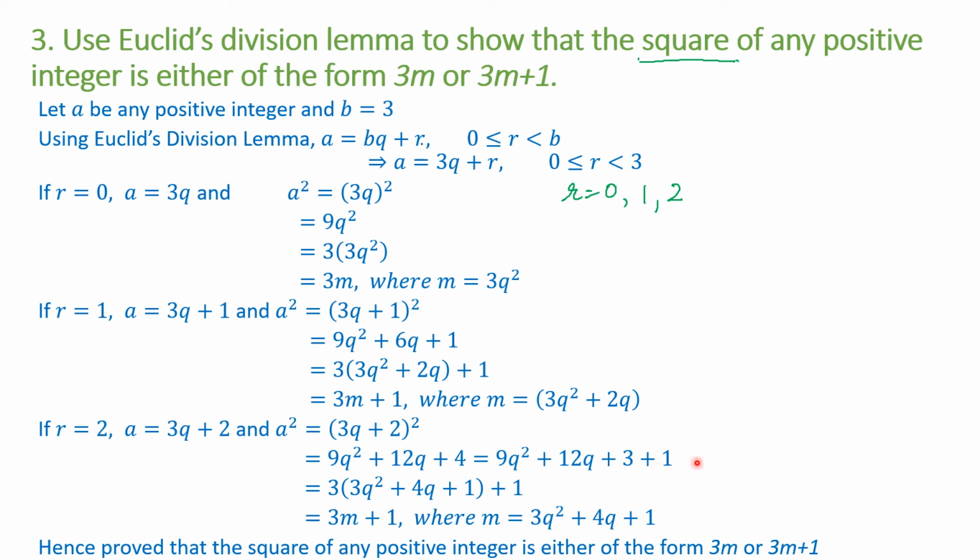And I keep this 1 separate, and I'm only looking at the first 3 terms. I'm taking out 3 common. I will get 3q square plus 4q plus 1, plus 1. That means I write this bracket as m. So I am again getting it in the form of 3m plus 1. And therefore I have proved that the square of any positive integer is of the form either 3m or 3m plus 1.